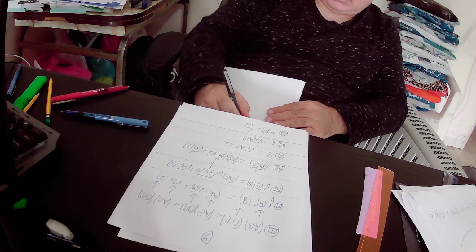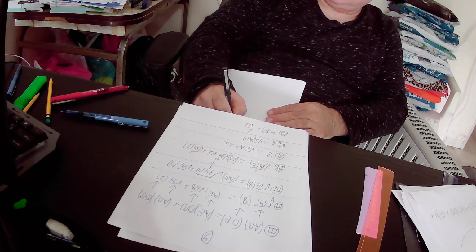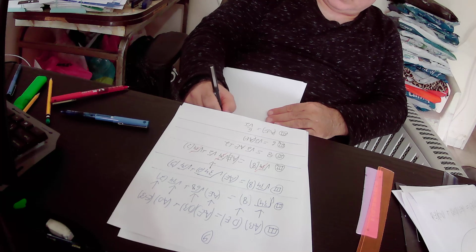AE equals 3 times 2 over the square root of 2.